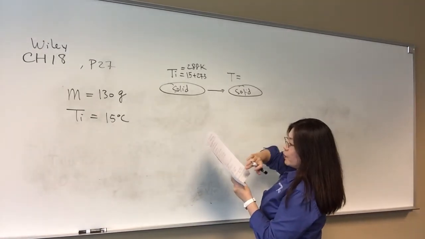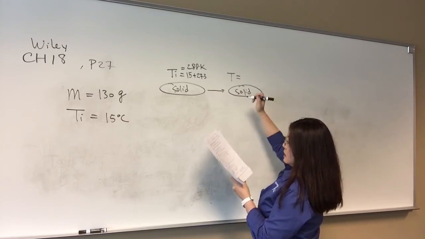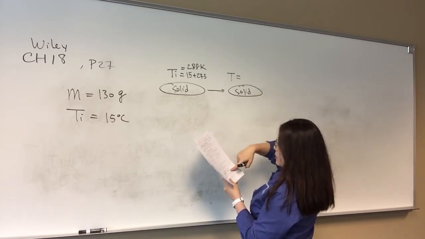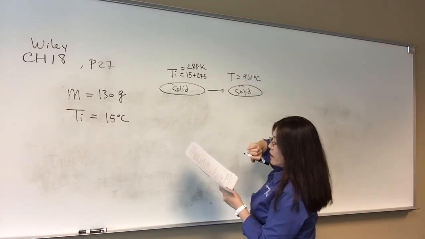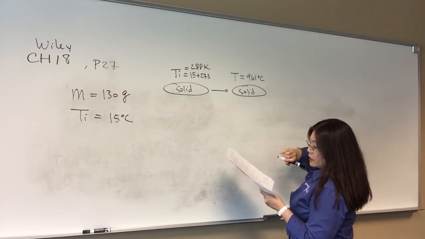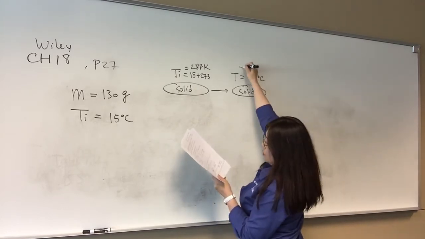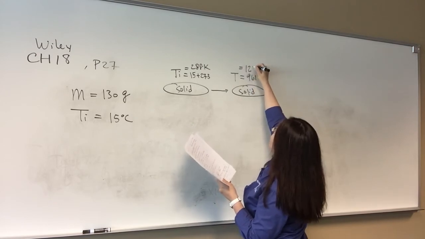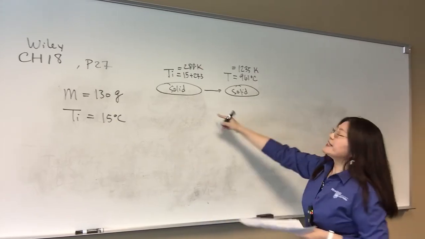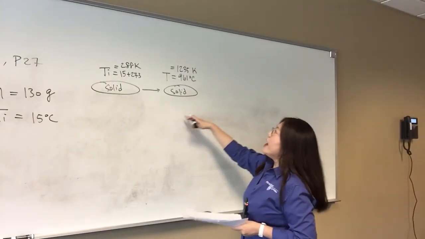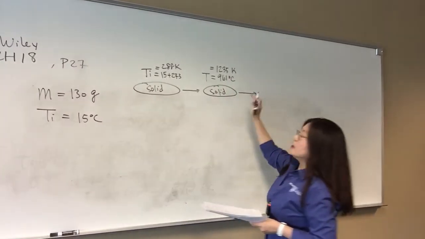So the melting point is 961 degrees Celsius. So when you add 273, that gives you 1,235 Kelvin.